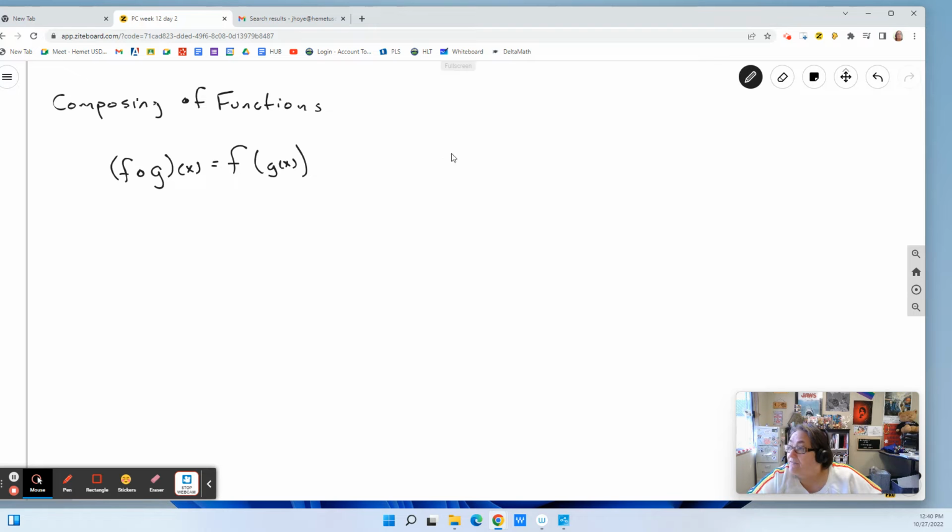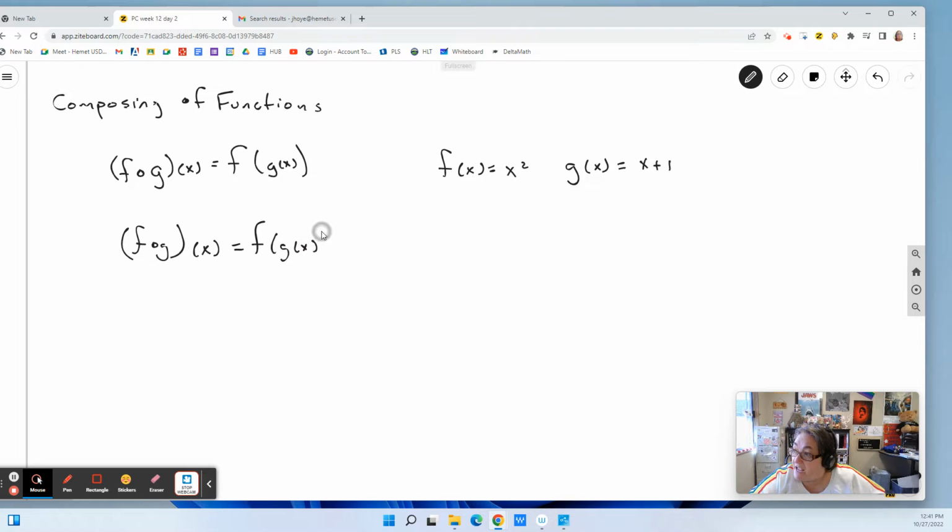So if I have an f of x that is equal to x squared, and I have a g of x that's equal to x plus 1, and I want to find f of g of x, that means I'm going to take f and input g of x wherever there is an x in the function f.